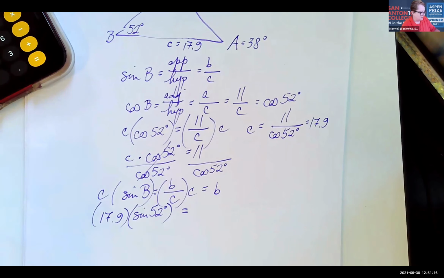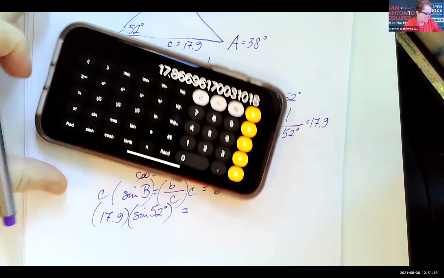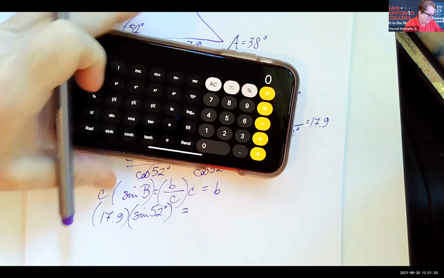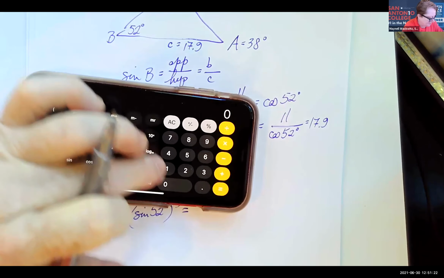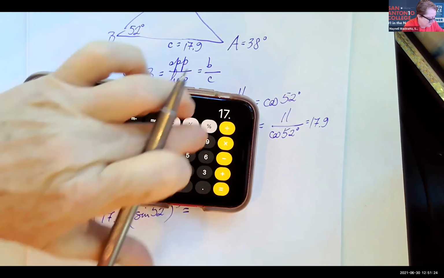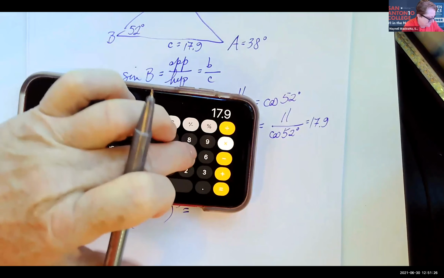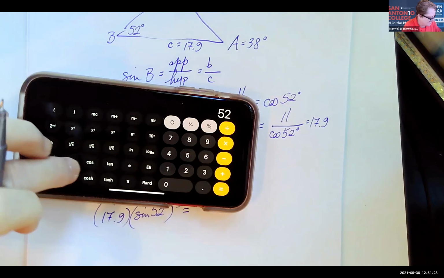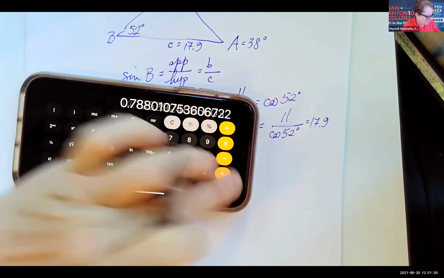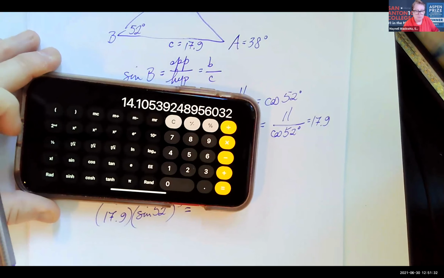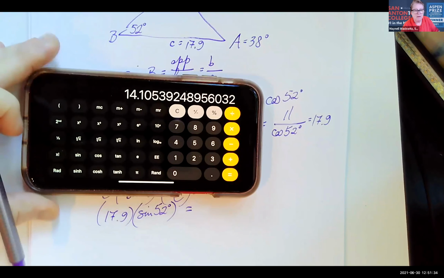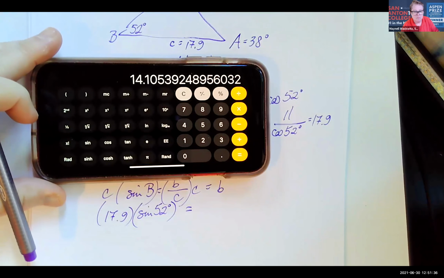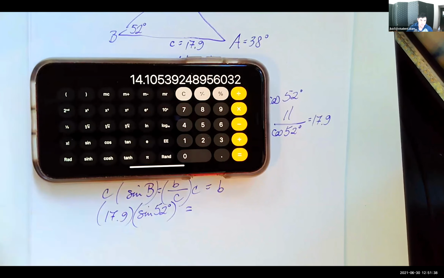And that'll give us side b. So let's see. I've got 17.9 times 52 sine equals. To one decimal place, what will side b be? 14.1. Excellent.